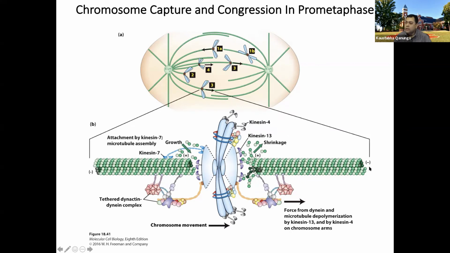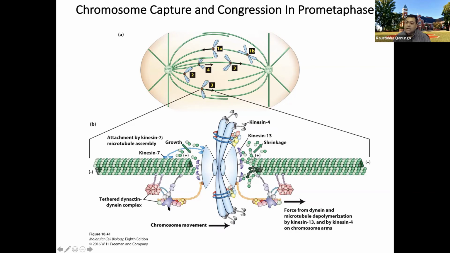So during the congregation, suppose this is one of the kinetochores that is attached to this kinetochore microtubule, and this is attached with this. And here, it recruits, now you know from your previous knowledge, this is your dynein-dynactin motor complex.